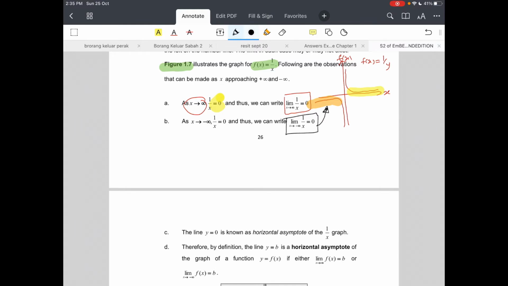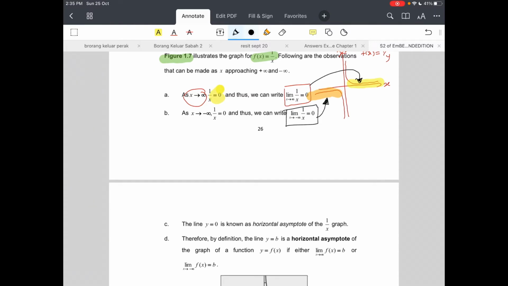So this is for this graph. Then the line y equals 0 is over here. This part, if I highlight it, is known as the horizontal asymptote of the 1 over x graph.